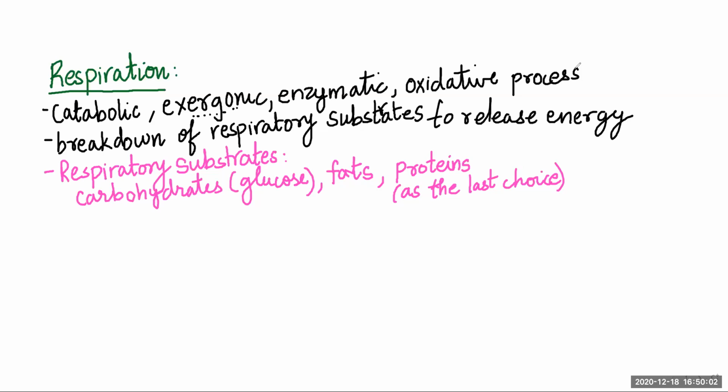So, respiration is a catabolic, exergonic, enzymatic, oxidative process which involves breakdown of substrates to release energy. The most important respiratory substrate is carbohydrate, that is glucose, followed by fats, followed by proteins. Proteins are used as the last choice, right?